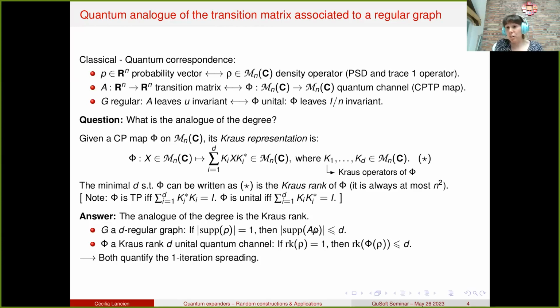Then if you apply your adjacency matrix A just once to this probability distribution, the support will be at most D. Similarly, if you have a quantum channel with Kraus rank D, and you start from a pure state, so a density operator that has rank 1, and you apply your map phi to this density operator rho once, then the rank of the output is going to be always at most D. And this output can be the mixture of at most D pure states. So the two things are somehow quantifying the same thing.